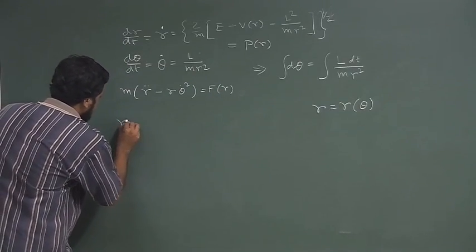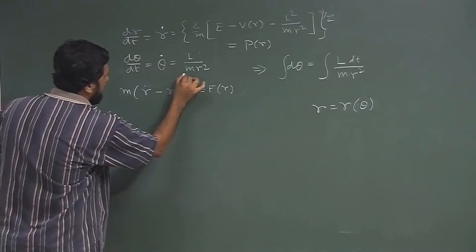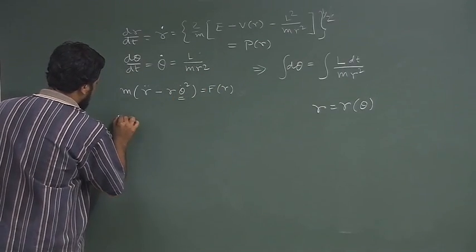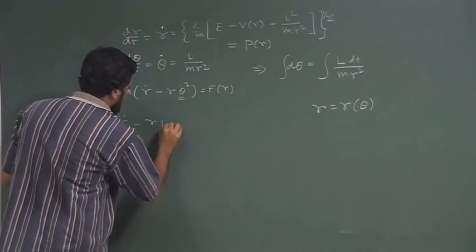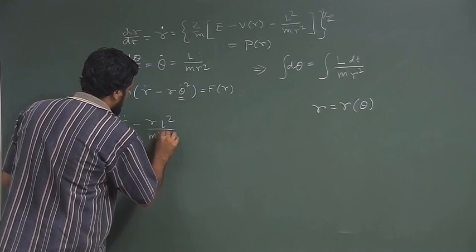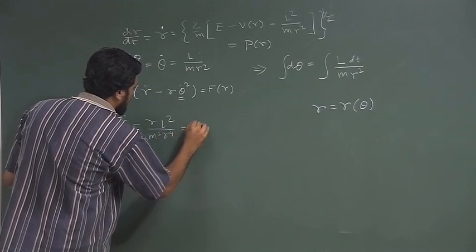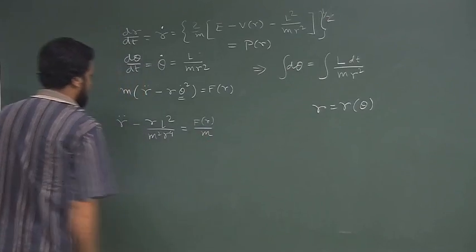Now, if we replace theta dot by this expression, this reduces to r double dot minus r L square by m square r to the power 4 is equal to f of r by m.